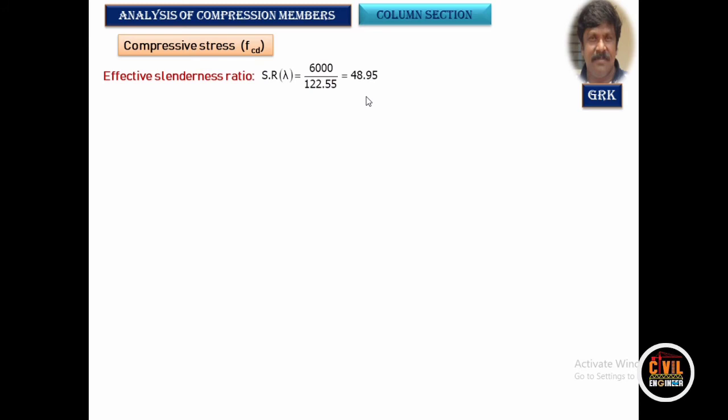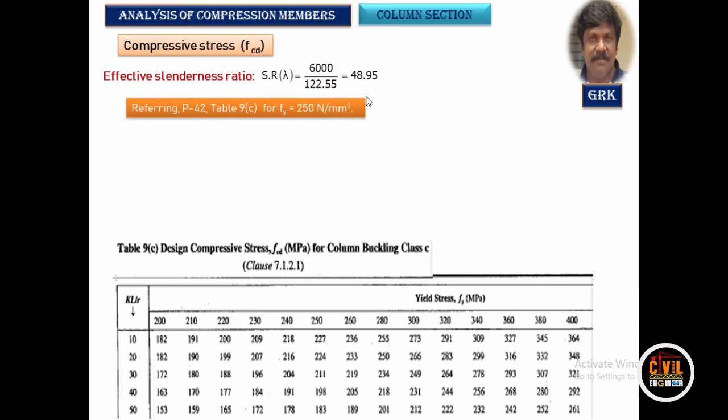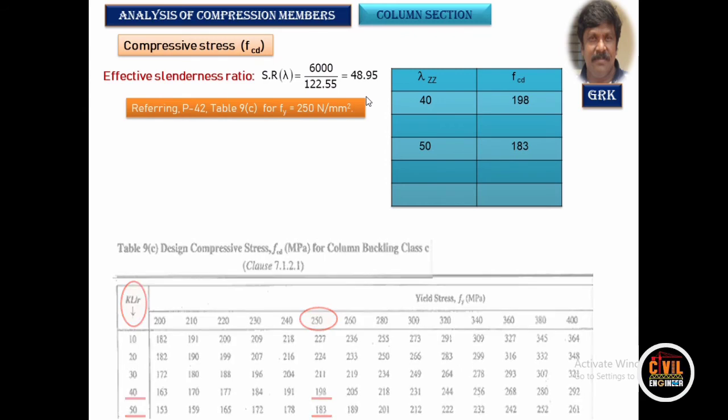Slenderness ratio is 48.95. Now since the buckling class is C, referring to table 9, page 42, by interpolation get the value of FCD for 48.95.